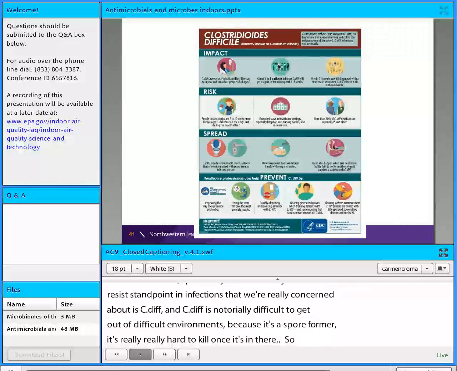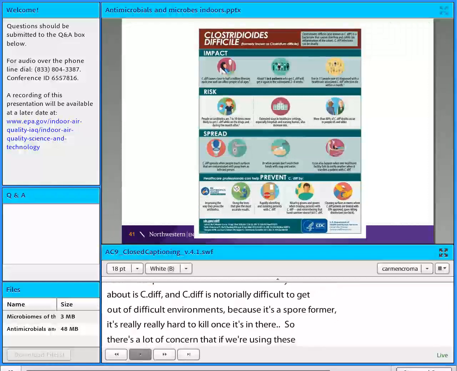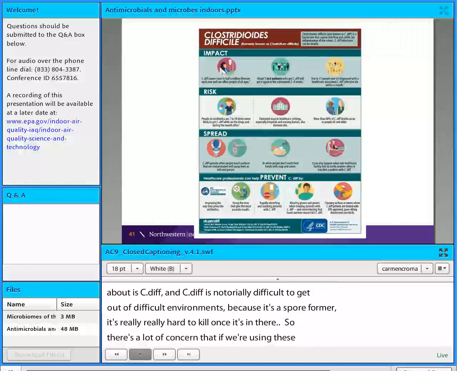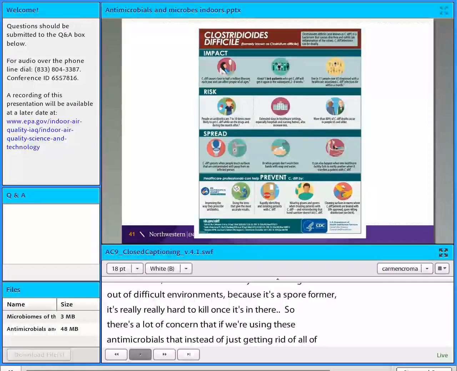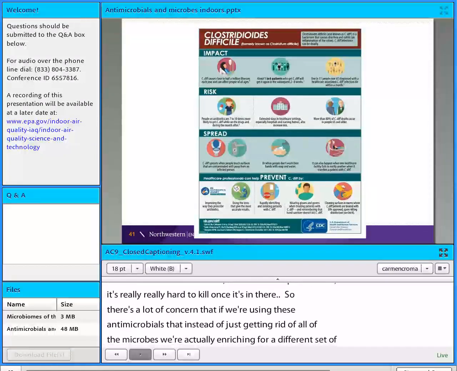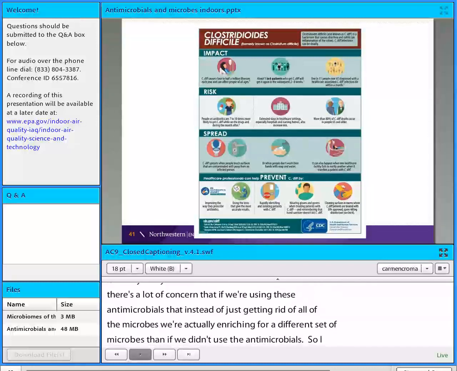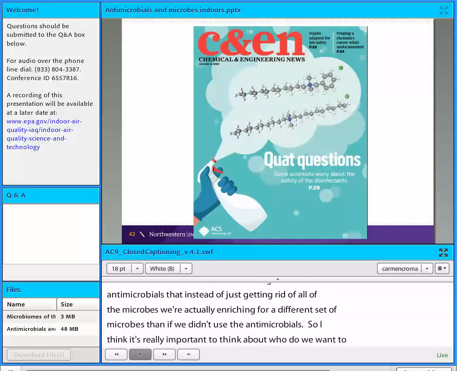So there's a lot of concern that if we're using these antimicrobials, instead of just getting rid of all of the microbes, we're actually enriching for a different set of microbes than if we didn't use the antimicrobials. And so I think it's really important to think about who we want to enrich for, because we're never going to be able to get rid of all of them.